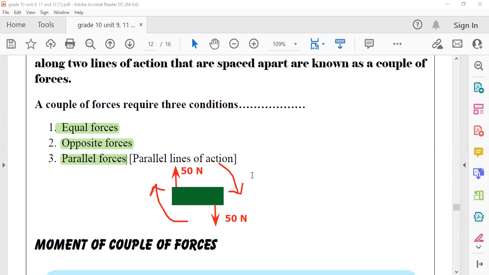What kind of effect is created? Turning effect. So, in our day-to-day life, in many places, we have couples of forces working. First of all, mark this one down. We will further discuss.